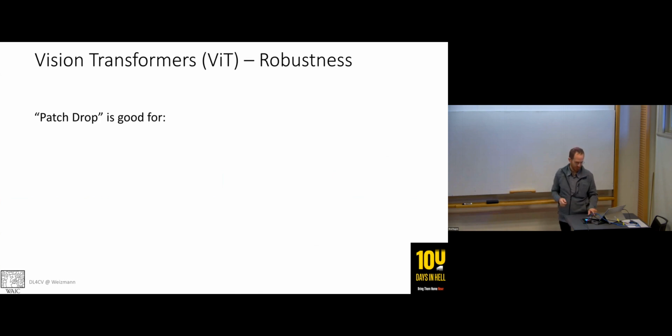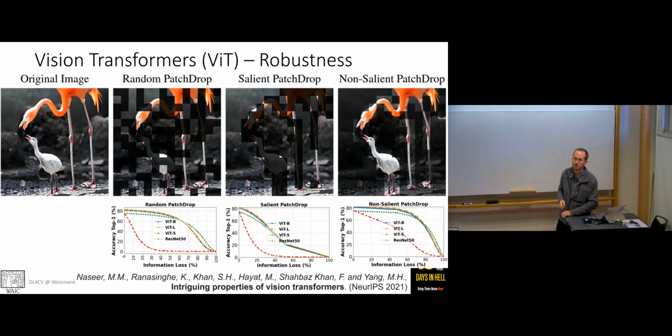Can you compare this patch dropping to dropout? So dropout doesn't save you computation. You just zero out some neurons during the processing, and you don't eliminate entire features in the feature map. You just eliminate some neurons at some random points.